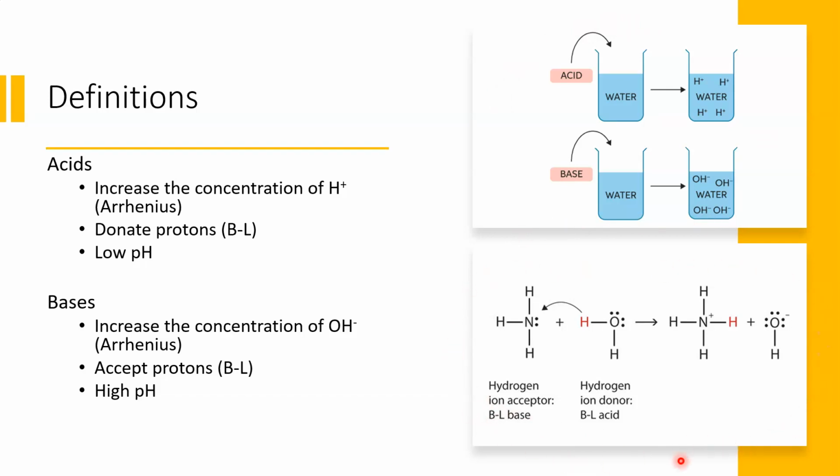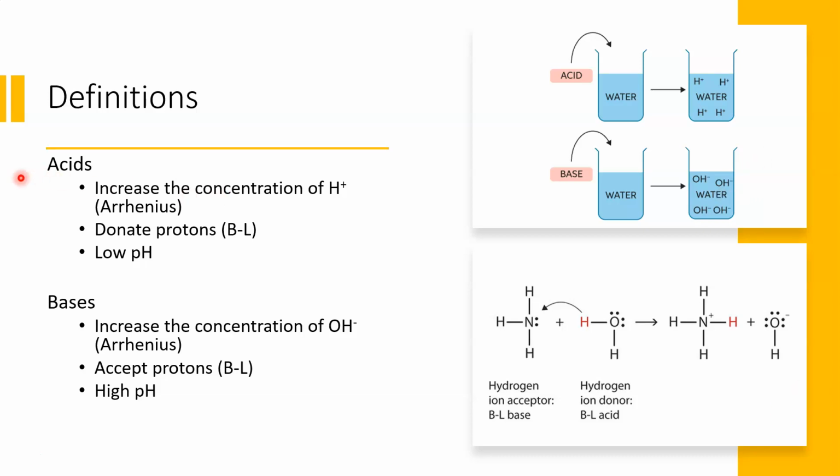Now, I personally do not necessarily care that you can name one or the other, but I do want you to be able to recognize an acid or a base using one of these definitions. So all acids are Bronsted-Lowry acids, and then some acids are also considered Arrhenius acids.